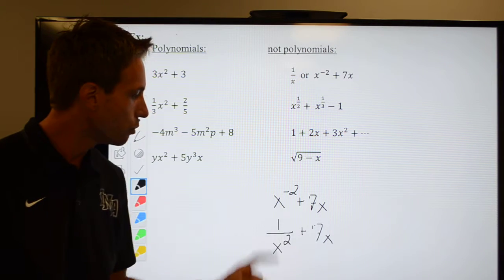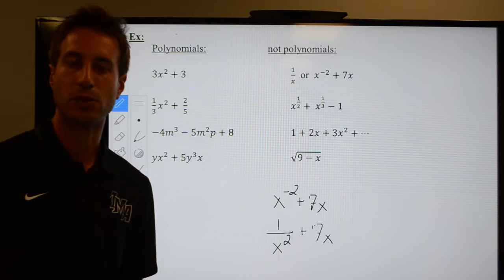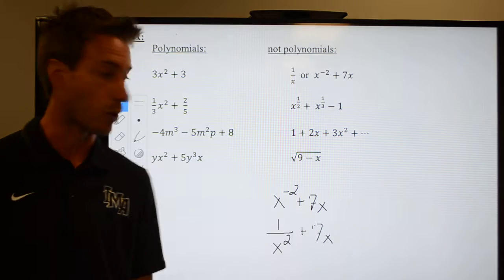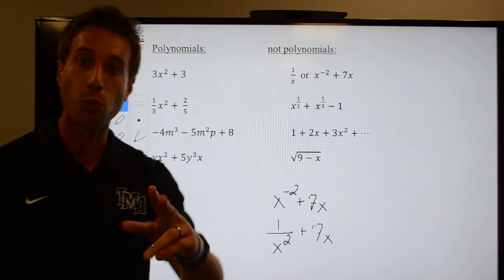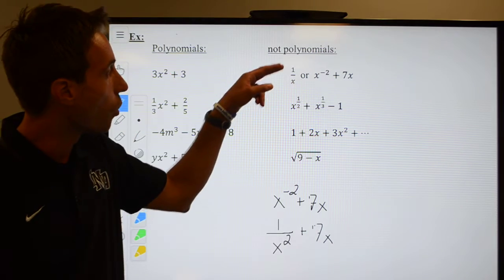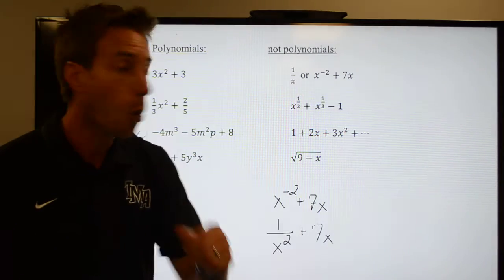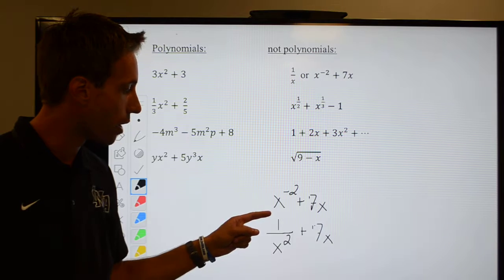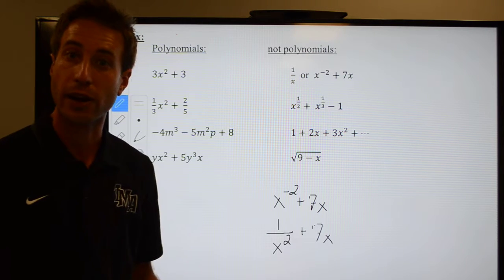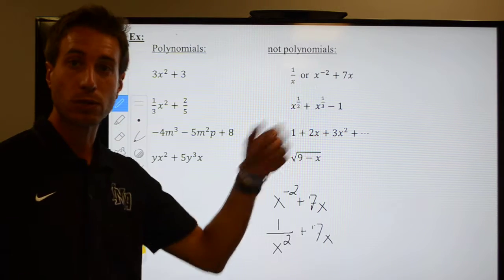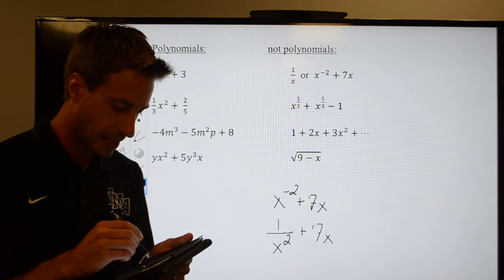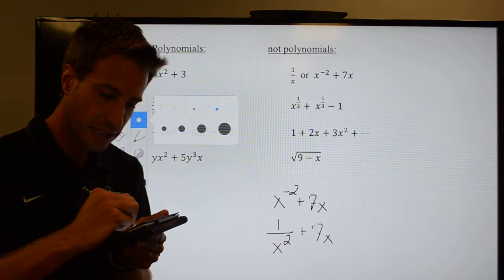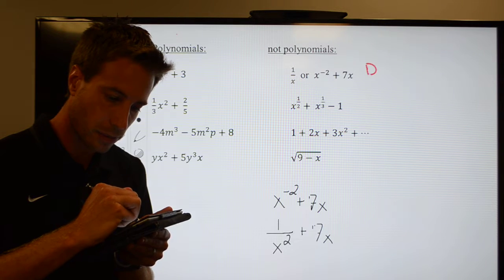Now again, if you don't specifically remember this rule from Algebra 1, don't worry, there's an entire chapter on exponents in Algebra 2 as well. We'll review all of that. But what you should see here is that 1 over x, or x to the negative second, which actually means 1 over x squared, they both fail to be a polynomial for the exact same reason, and that reason is this: you are dividing by a variable.